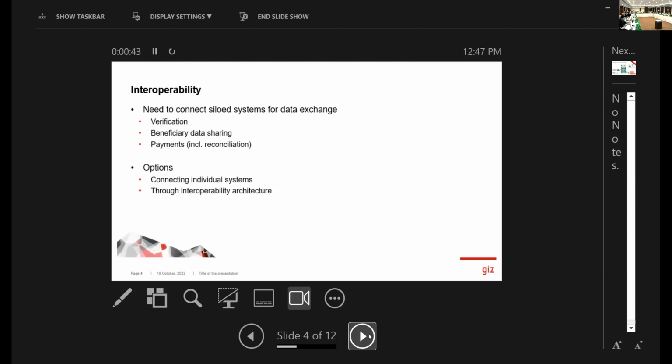For beneficiary data sharing, I'm just referring to the previous quiz that you had in terms of data privacy and data sharing. So keeping all those in mind and having the proper privacy protocols in place, there could still be beneficiary data sharing between various systems. So interoperability would allow for that.